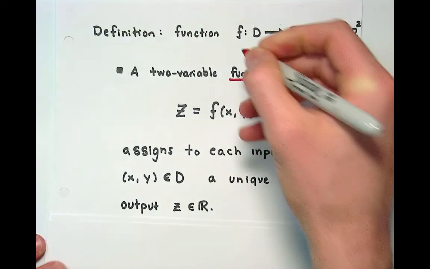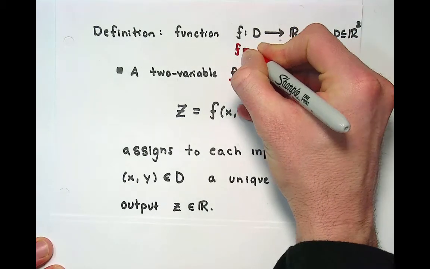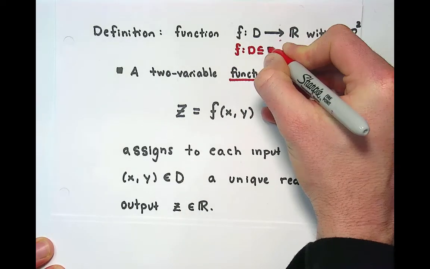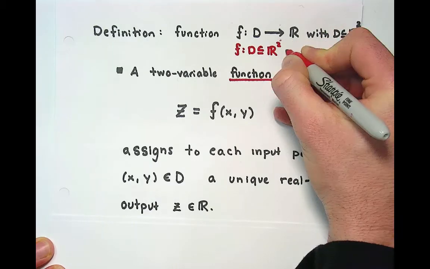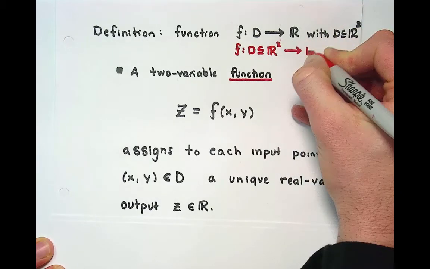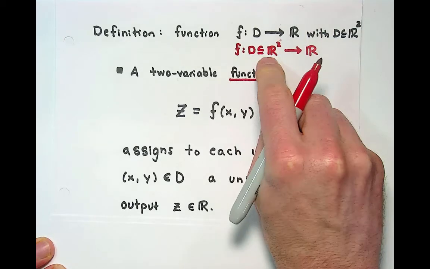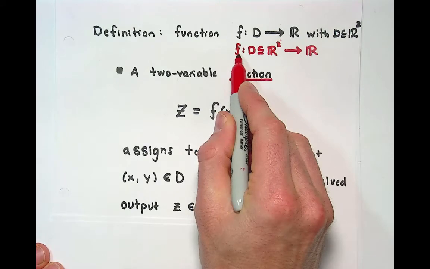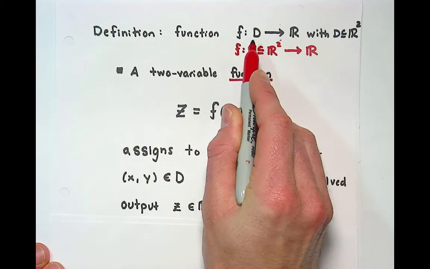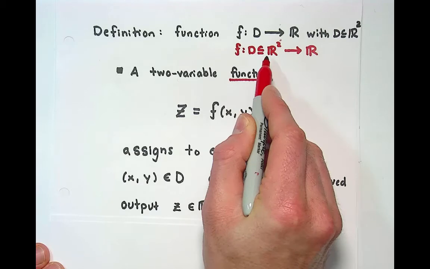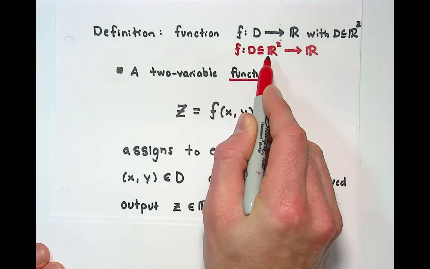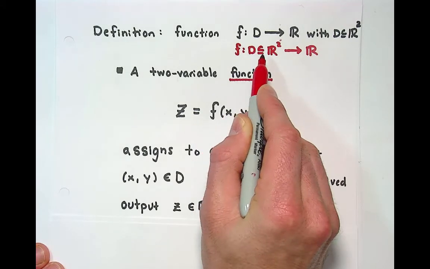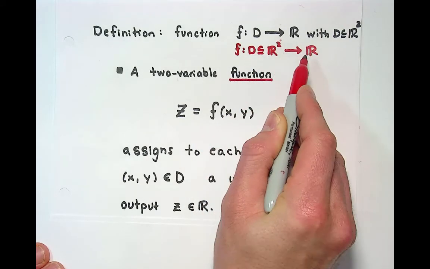Sometimes it's convenient to identify how many input variables there are inside the map, and we can do this by identifying both the domain space as well as the codomain. So here we can immediately tell that f is a two-variable function because the domain D sits inside of R2. You would read f is a function from D, which is a subset of R2, into R.